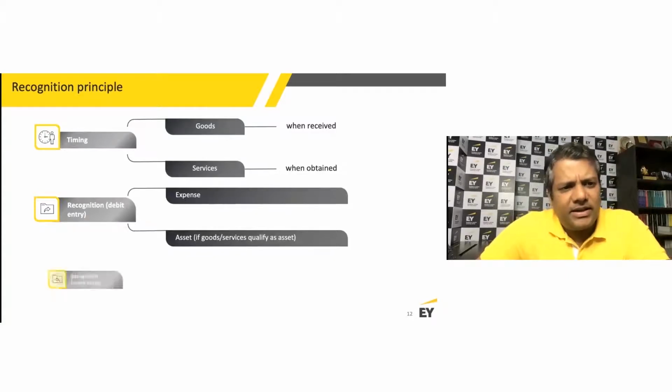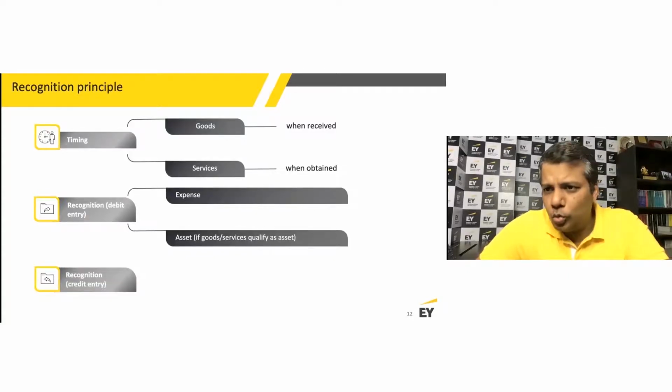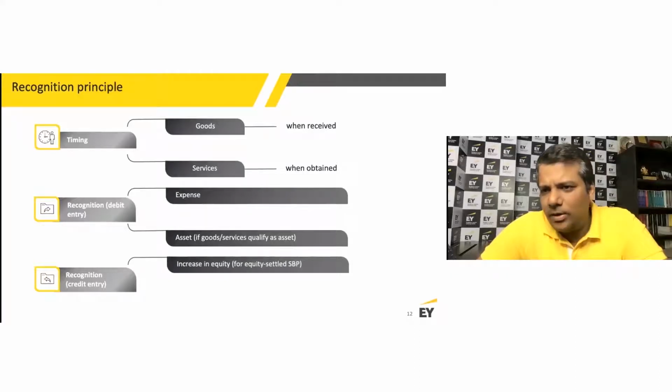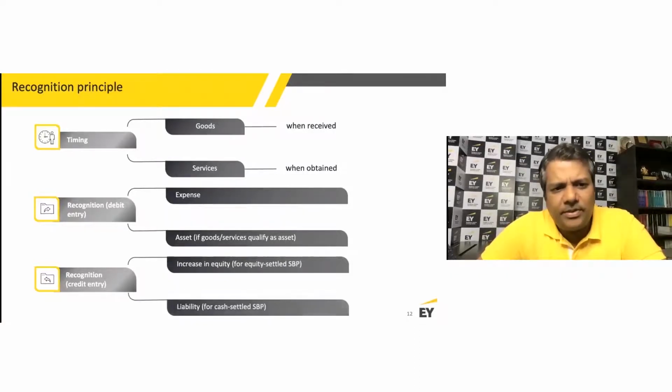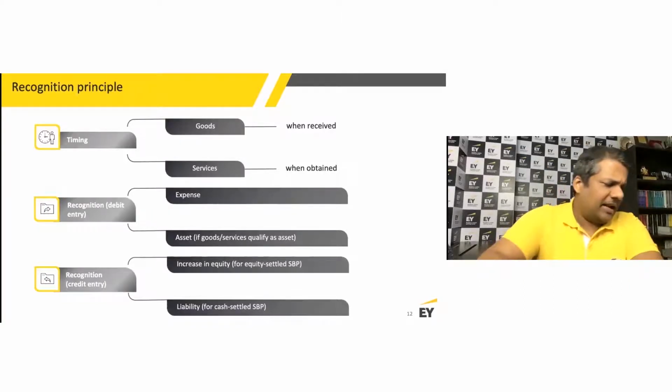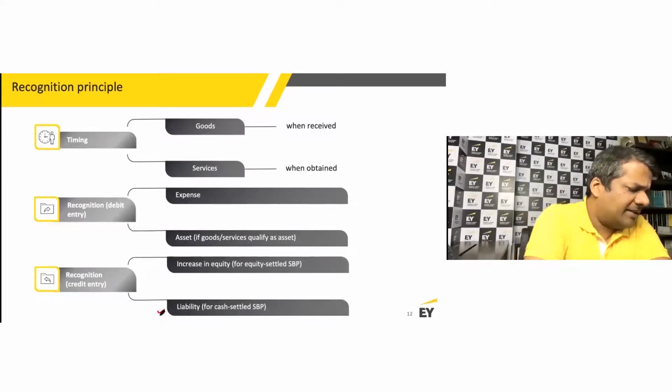The credit will go to what? Cash, if I have to pay cash, or I have to issue shares, so it may go to equity. It is an increase in equity for equity settled share-based payment, and a liability for cash settled.